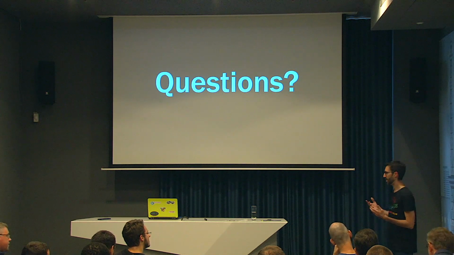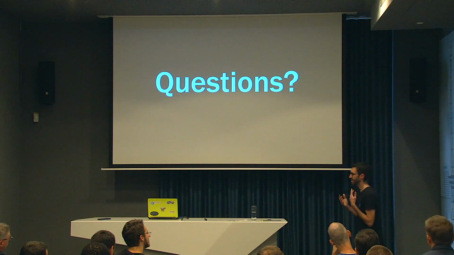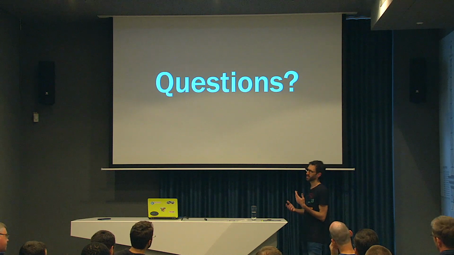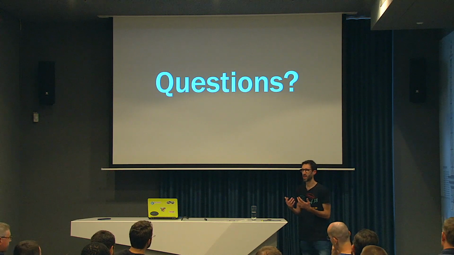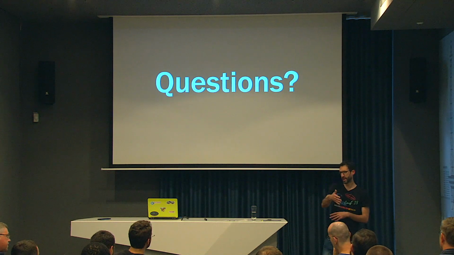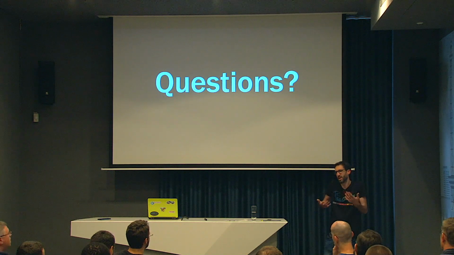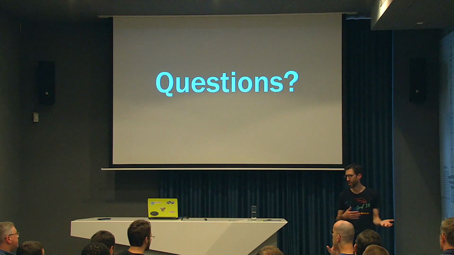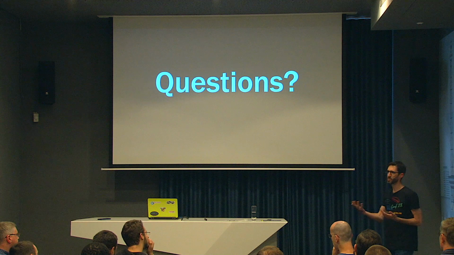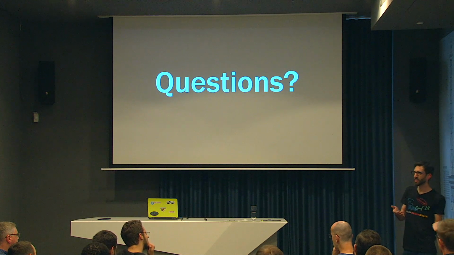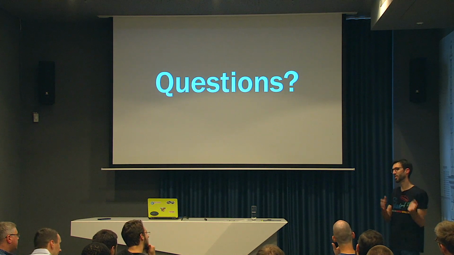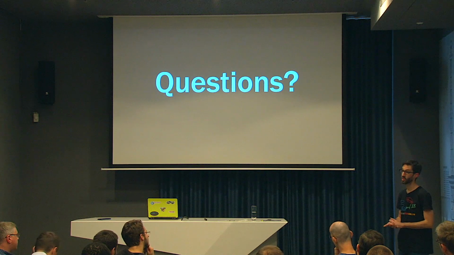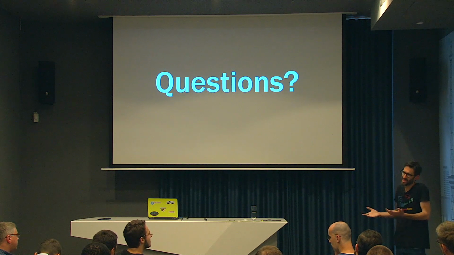Conflicts are not like Git conflicts. It's just like some user forked the data, and so now what am I going to do? Am I going to merge the data or delete? It's up either to the user or the developer to choose what to do with that conflict.